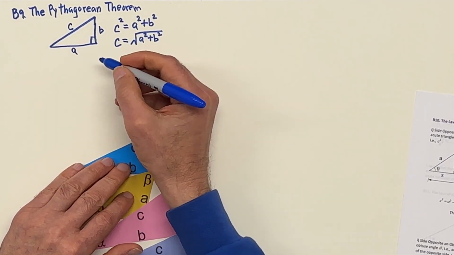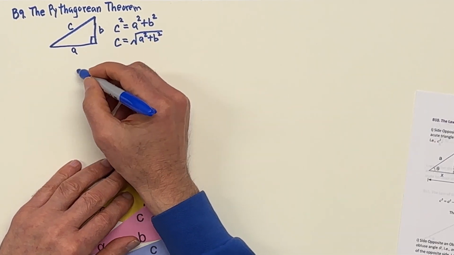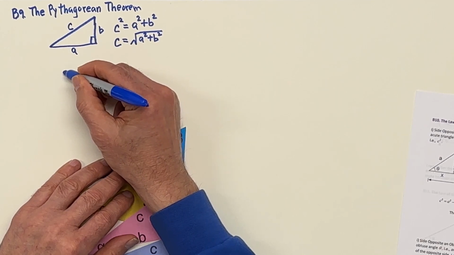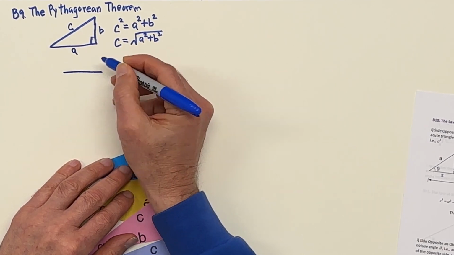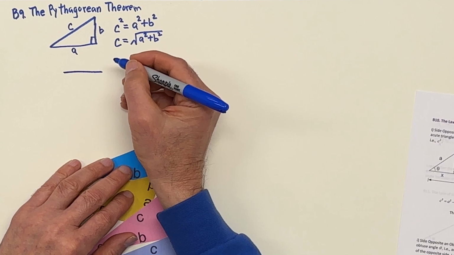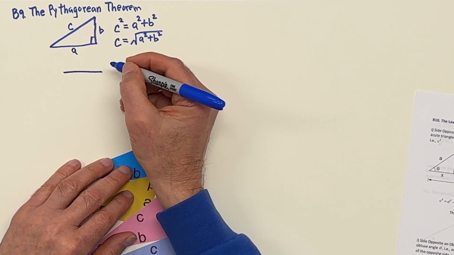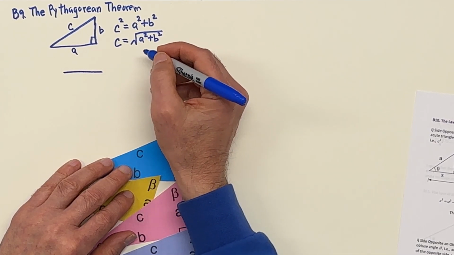But first we might just review some basic geometry to show you that the triangle has 180 degrees. So that's what I would like to show.